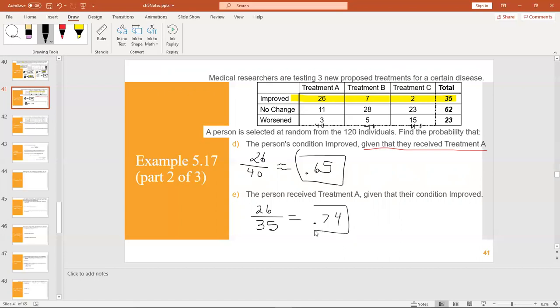So if you know someone improved, there's about a 74% chance that they had treatment A.